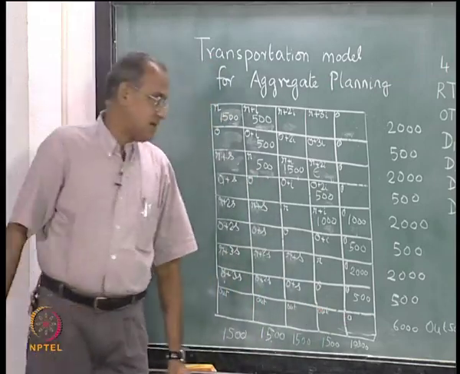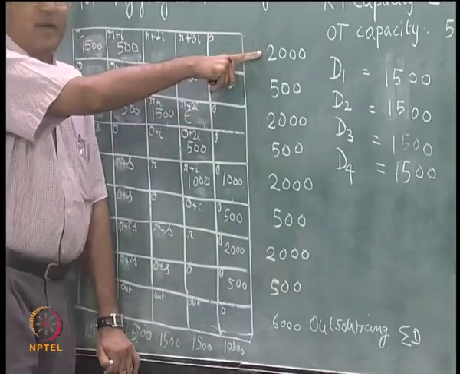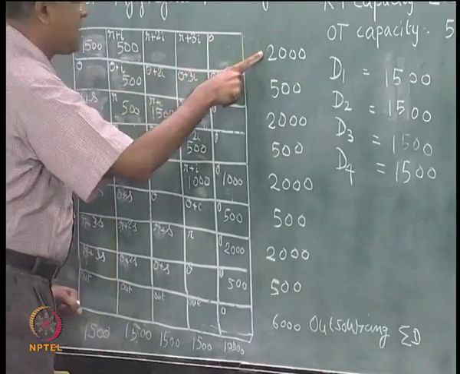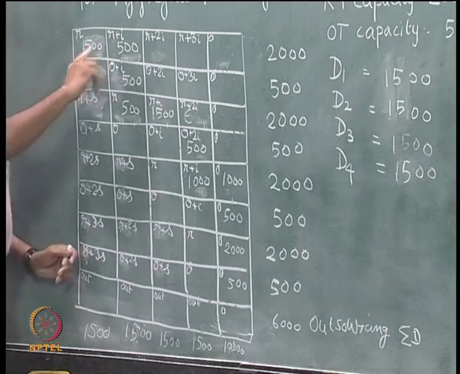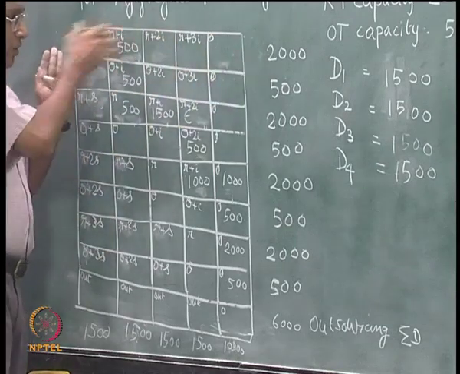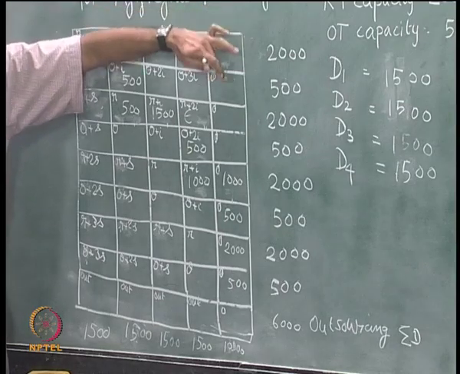The next question is, if I have this regular time capacity and for some reason I am not utilizing this regular time capacity fully, which means if I have 2000 and in this row I have not allocated 2000 here, there is some allocation that comes into the dummy.